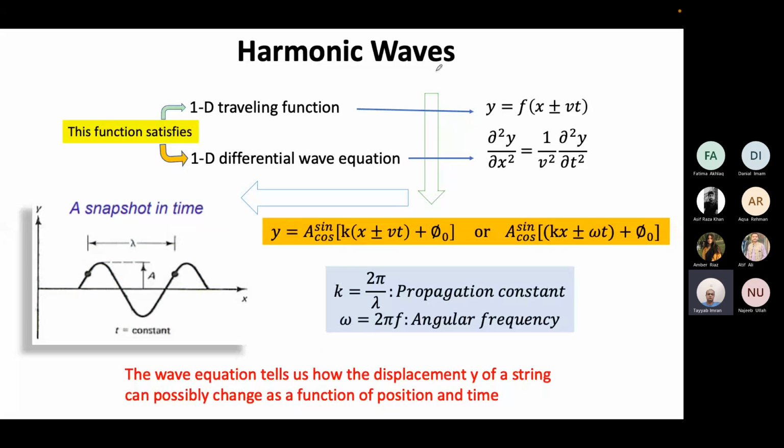So here in this slide, what you see is harmonic waves. Okay, these relations you already know if you have studied a little bit of waves and oscillations or this kind of subjects. So 1D traveling जो function है आपके पास वो ये है, ठीक है, velocity position, and one dimensional जो आपके पास wave equation है that would be like this.